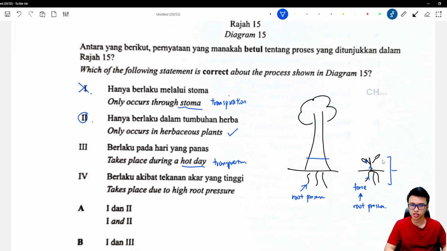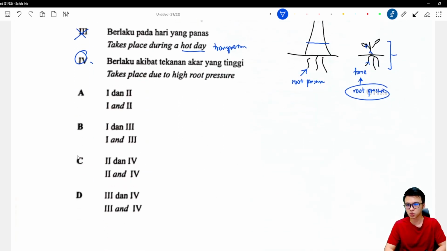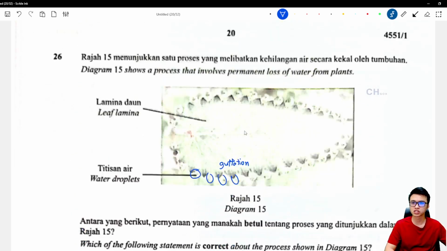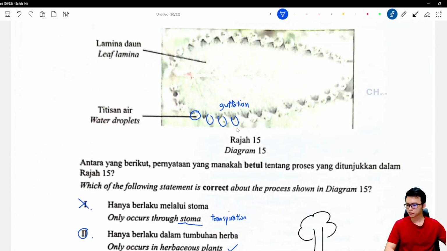So no water will be pushed towards the leaf, so no guttation. So 3 is wrong. Takes place due to high root pressure? Yeah, because of high root pressure. So 2 and 4 are correct. So the answer is C for question 26.